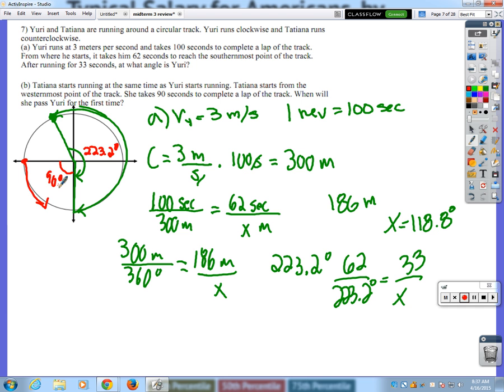How many degrees do they have to go through together? 313, right? This 90 plus this 223. Okay? So they have to do 313 degrees. How long is that going to take them? How long is it going to go around the whole thing?